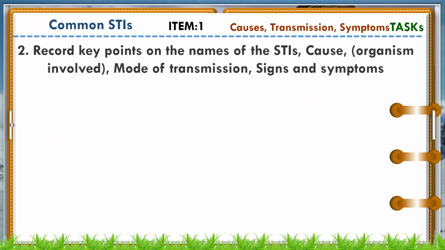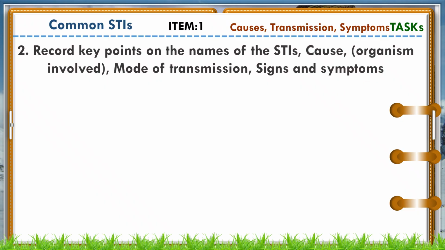Okay, welcome back from that explanation with the health personnel. Now we can look at question 2. Record key points on the names of STIs: cause, organism involved, mode of transmission, signs and symptoms.